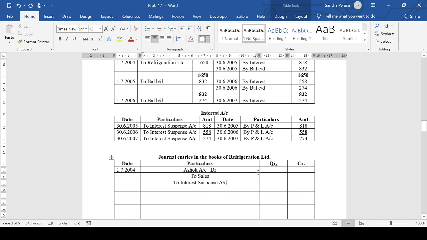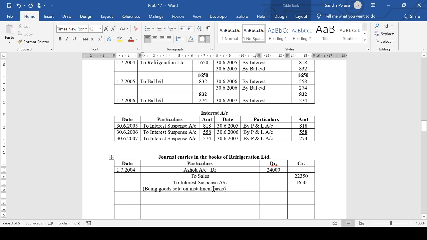Here we have the actual cash price of 22,350, the total interest is 1650, and the total purchase price would be 24,000. Being goods sold on installment basis.